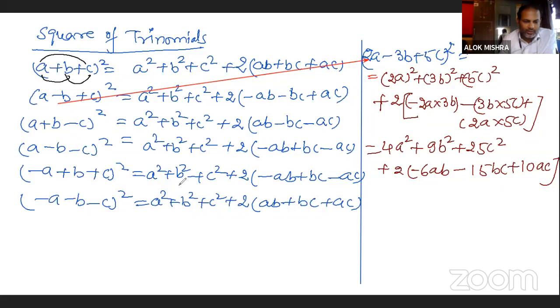So solve the next question. You solve the next question: 4a minus 5b minus 6. And then I'll come to the third and fourth one. Try to solve the next question.